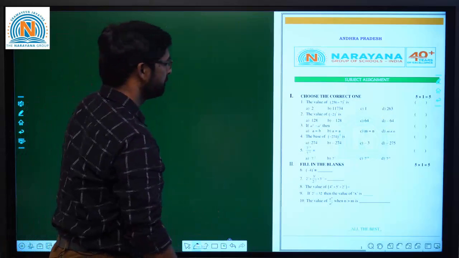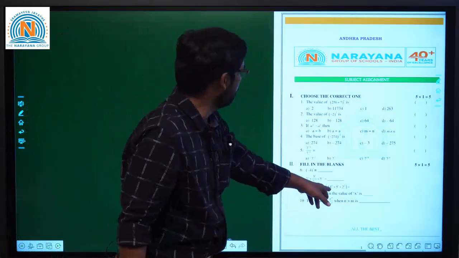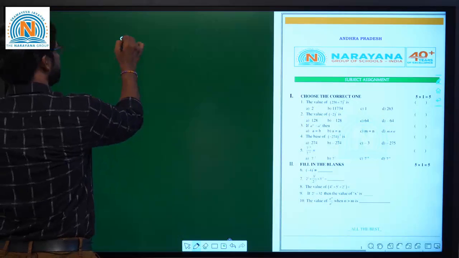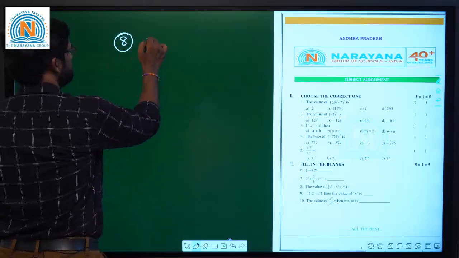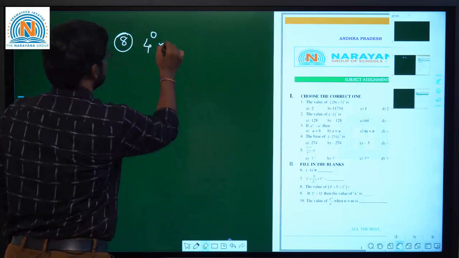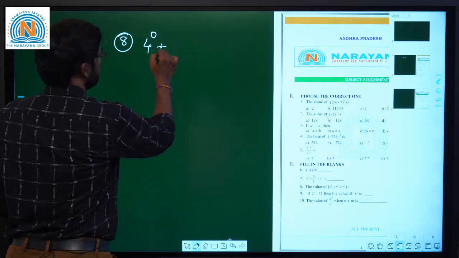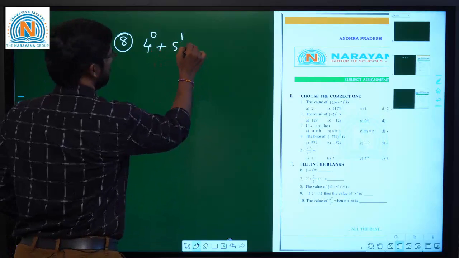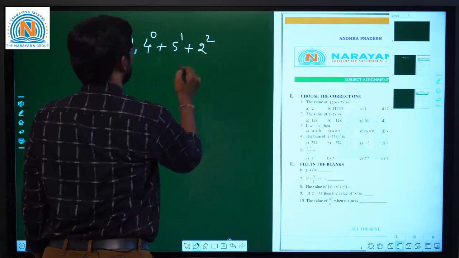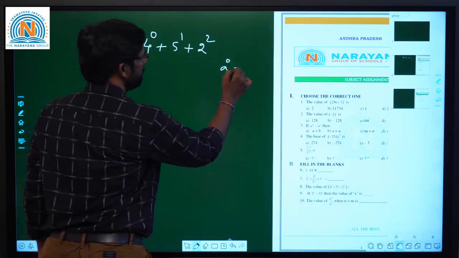Now 8th one. What is 8th question? The value of 4 power 0, plus 5 power 1, plus 2 square. 4 to the power of 0 plus 5 to the power of 1 plus 2 to the power of 2, that means 2 square. 4 power 0, so a to the power of 0 equal to 1.